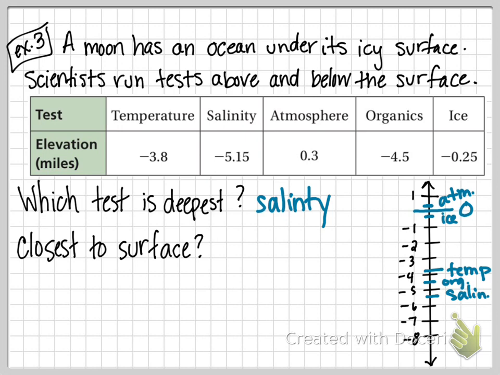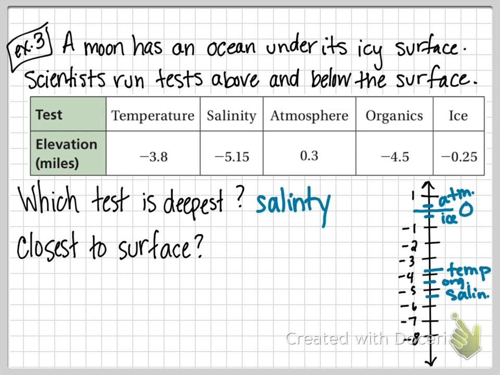Which test is run closest to the surface of the water? Hudson, what do you think? Atmosphere. Atmosphere, how come? Is it the closest to 0? Tate, what do you think? It's ice. Ice, because? Because it's negative 0.25 versus 0.3.